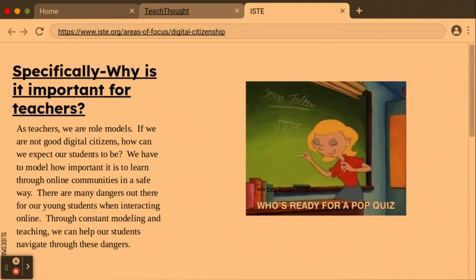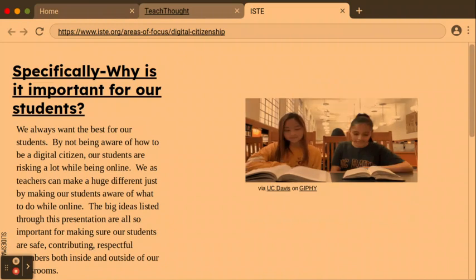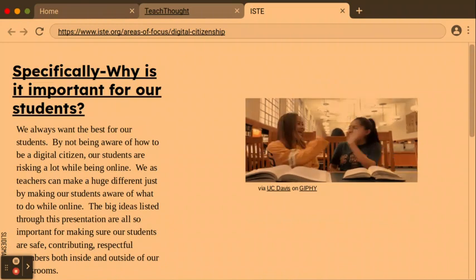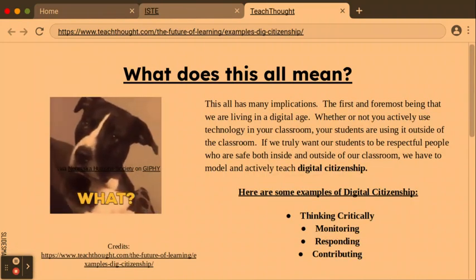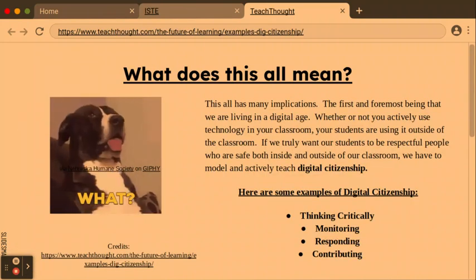We're their role models, basically. We have to be good digital citizens so we can expect our students to be good digital citizens. They have to know how to be safe online. They have to know how to contribute and how to be respectful to members in that digital community so that they're aware of that digital footprint.